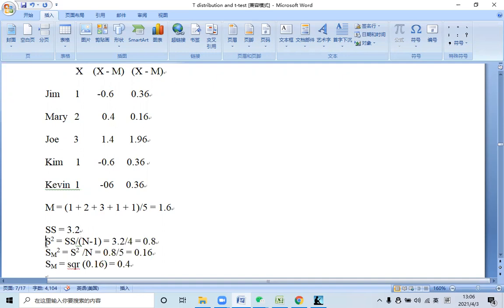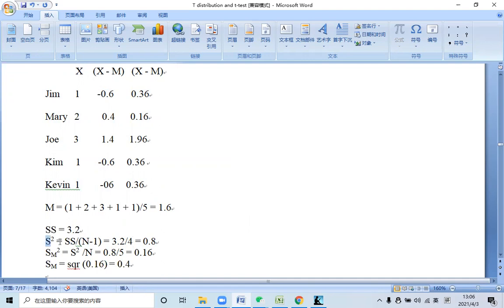And then you can calculate the variance of the 5 people. These 5 people have a variance of 0.8: the sum of squared deviations divided by n minus 1. That is the degrees of freedom.